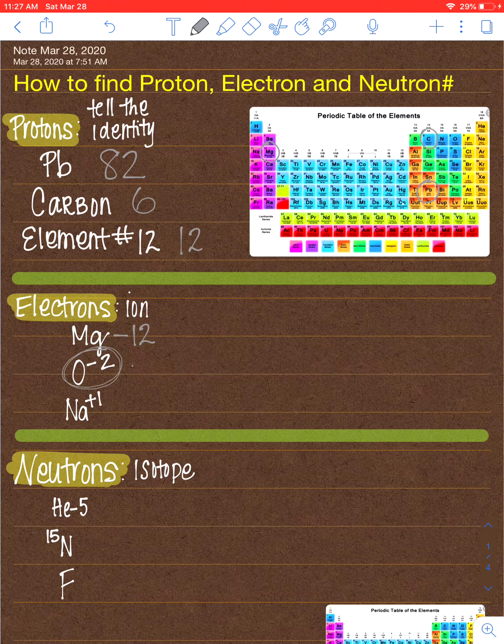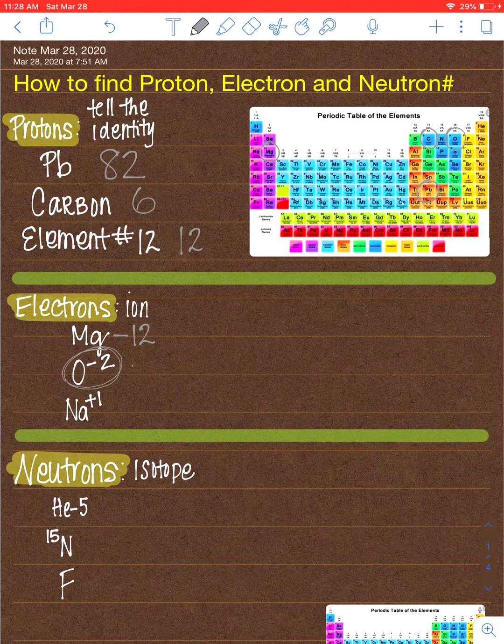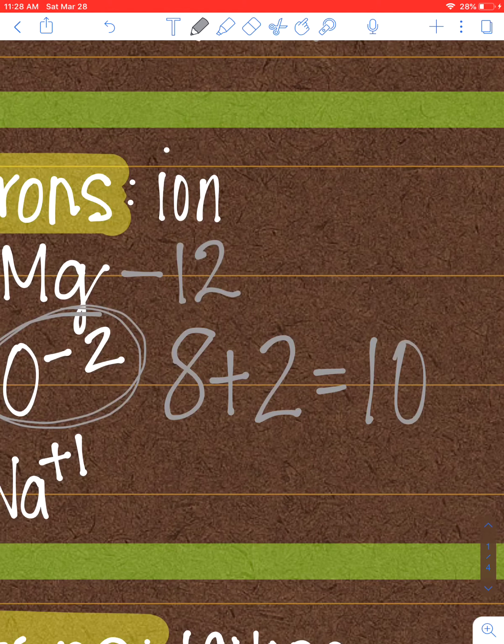Now you probably think, why gained? It says -2, but electrons are negative. So this is oxygen, which has an atomic number of 8. And so we know that it would start off with 8 normally, but we know that it gained 2, so that means it's going to have 10 electrons.